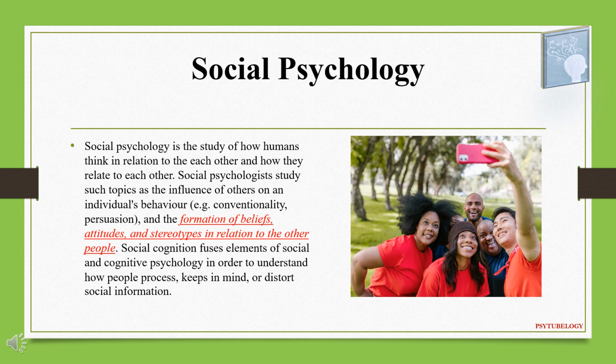Social psychologists study such topics as the influence of others on an individual's behavior and the formation of beliefs, attitudes, and stereotypes in relation to other people. Social cognition fuses elements of social and cognitive psychology in order to understand how people process, remember, or distort social information.